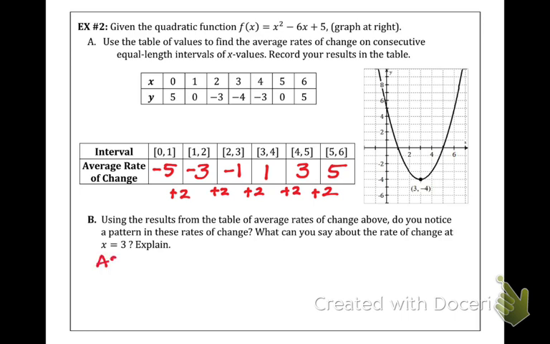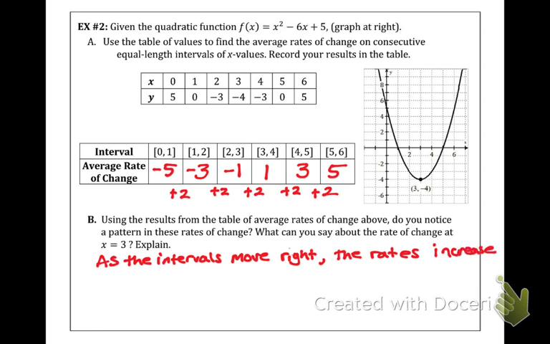So as the intervals move right, the rates increase by a factor of 2.